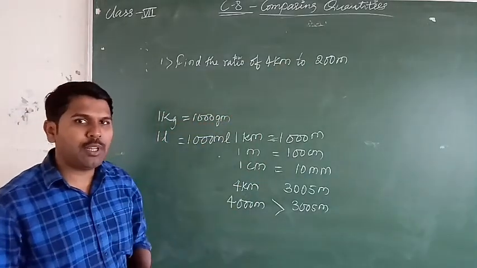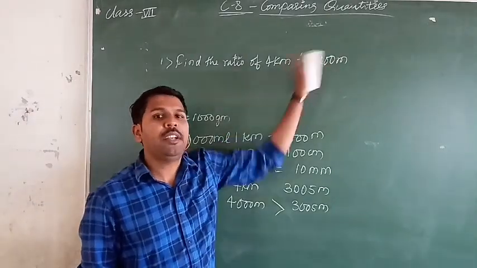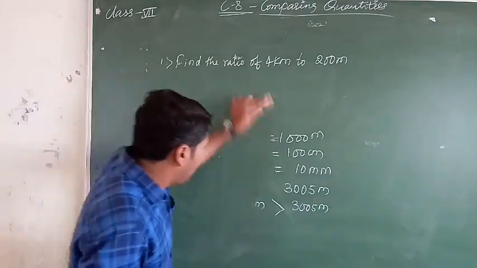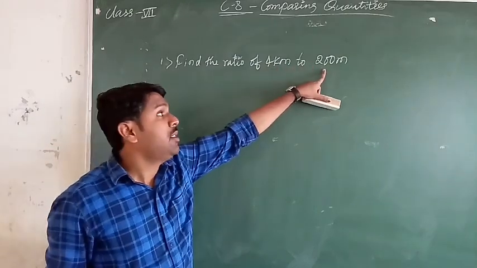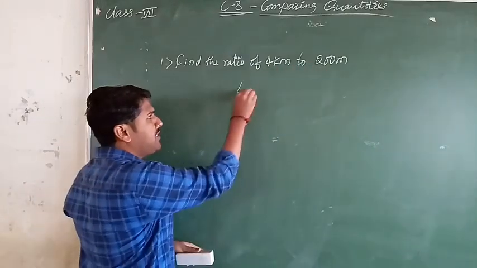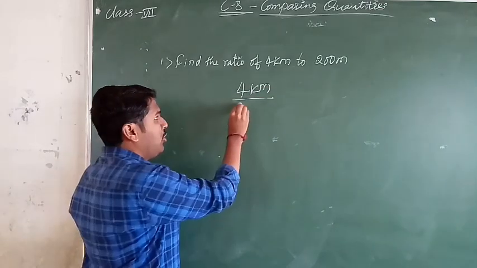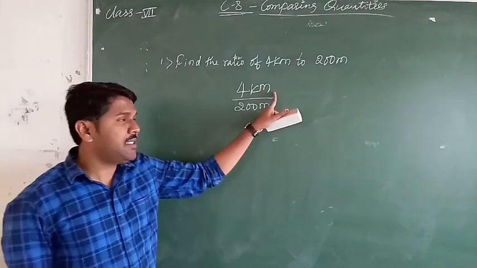So how to find out that one? First convert the kilometer to meter or meter to kilometer, then only find out the ratio. So write down the ratio. First one is kilometer, then meter. So the ratio is 4 kilometer to 200 meter. This is in kilometer, this is in meter.